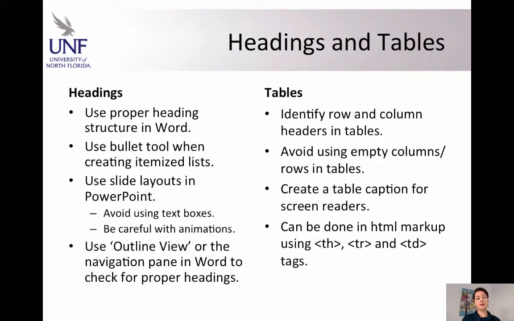That way, if for whatever reason a student is having problems with their screen reader accessing the table, they at least have a caption there that the screen reader can read to let them know what the table is representing. If you're familiar with HTML markup, you can also use some quick HTML tags, particularly if you're working in a learning management system, to denote the different row and column headers.